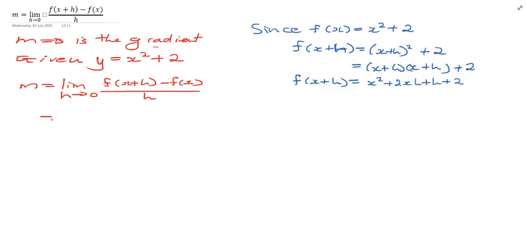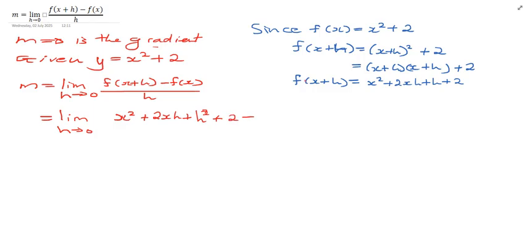So when we plug it in there, we have the limit when h is approaching 0. Our f of x plus h is this one. So we've got x squared plus the 2xh plus the h squared. Forgot about that, h squared. Pardon me. Plus our 2.